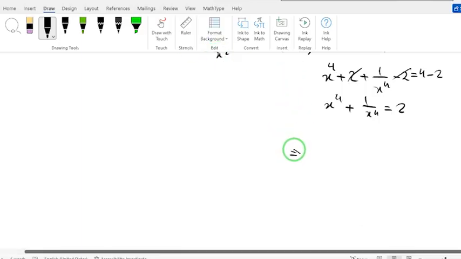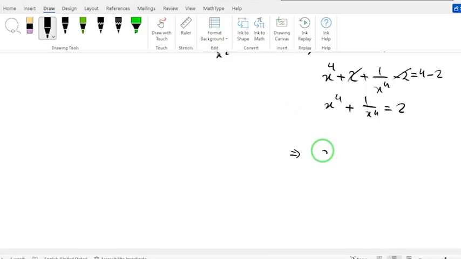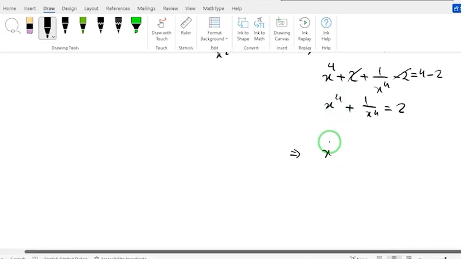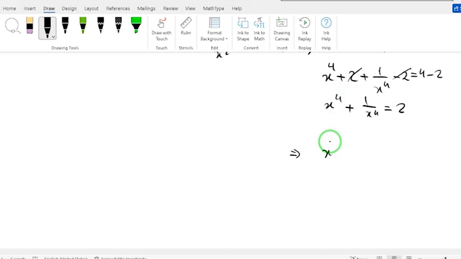So we can write, once again, (x to the power of 4 plus 1 over x to the power of 4) squared equal to 2 squared.